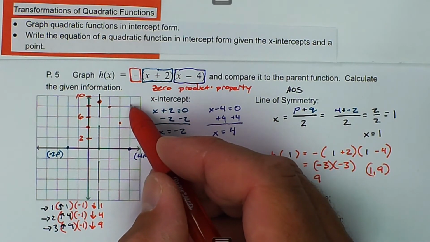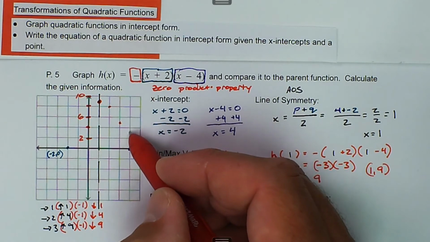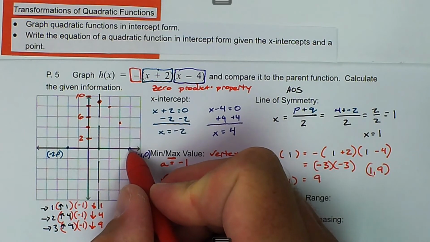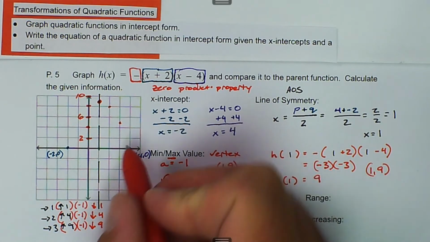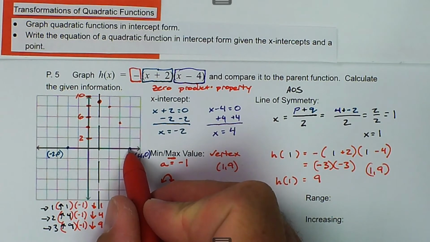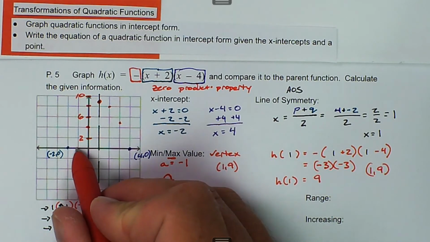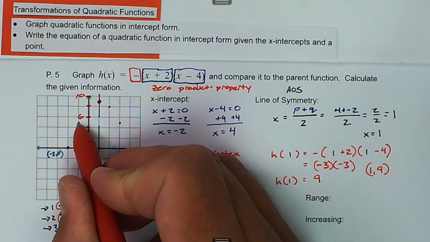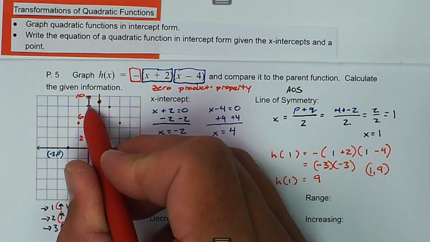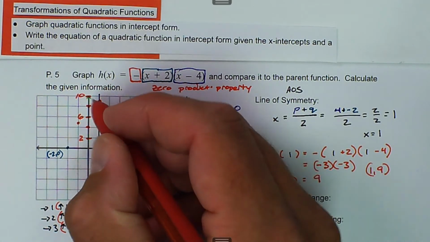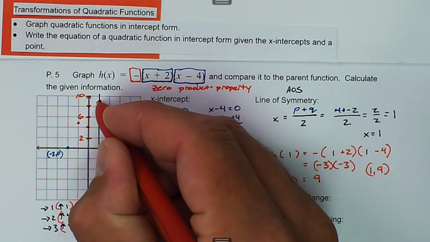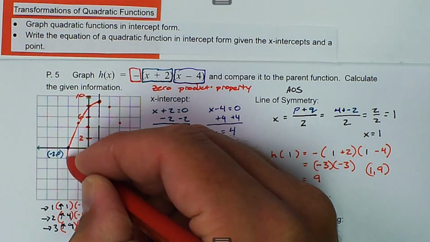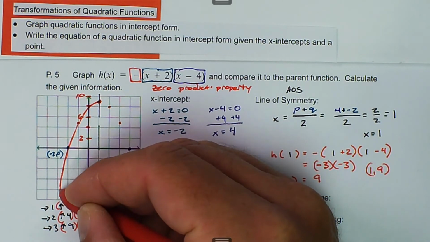And then we can use our axis of symmetry and count the same on the other side, and then we can graph our parabola that way, and just get a sketch there.